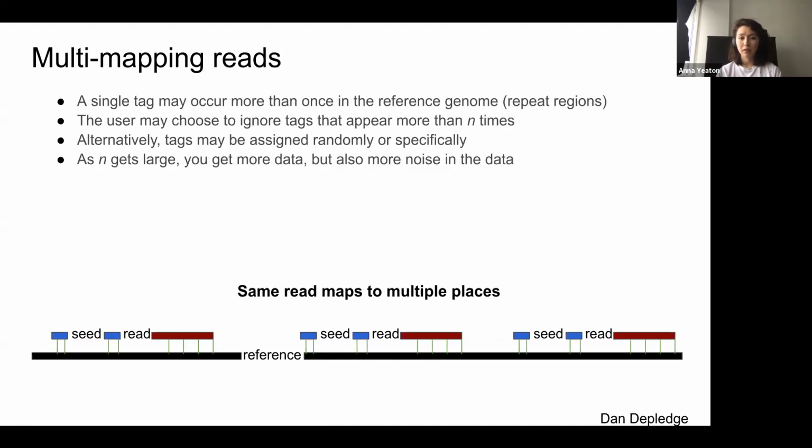So you can choose to ignore mappings that appear more than whatever n number of times. As you increase that n, you'll get more noise in the data. So that's another thing that you have to think about when you play with these parameters. And these multi-mapping reads are usually in regions that are repeated regions in the genome.